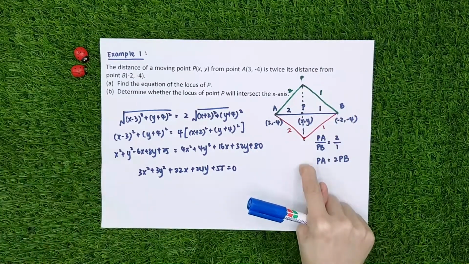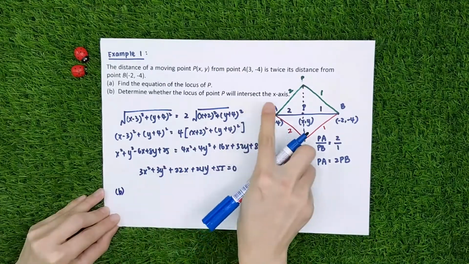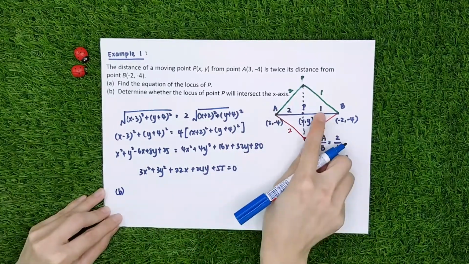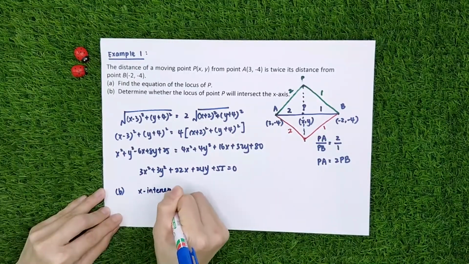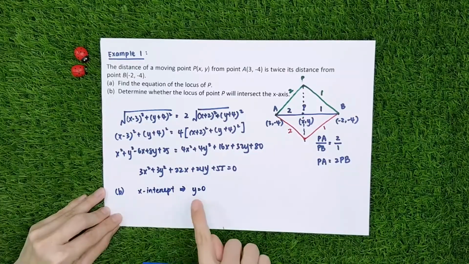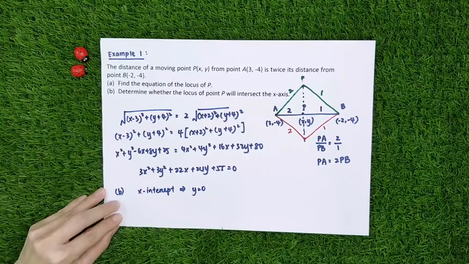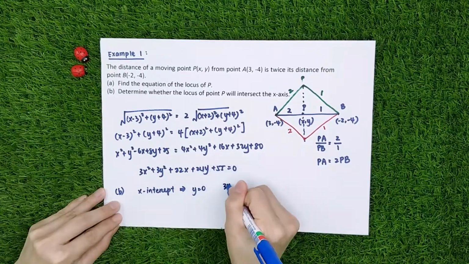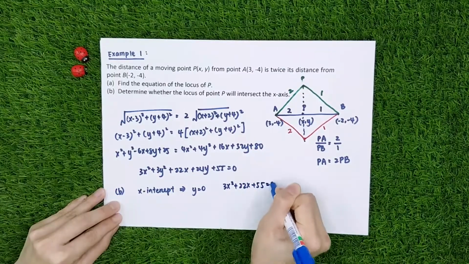Now part B wants us to determine whether the locus of point P intersects with the x-axis. So part B, when it intersects with the x-axis, that means it is an x-intercept. When it is an x-intercept, that means y is equal to 0. Then I will substitute y equals 0 into the equation of the locus P. Then I will get 3x squared plus 22x plus 55 is equal to 0.